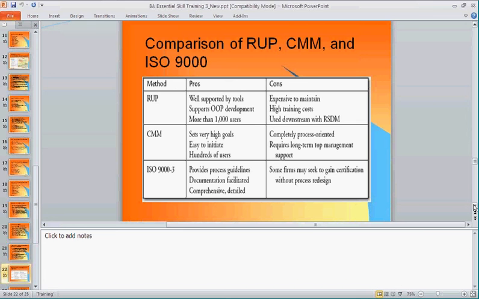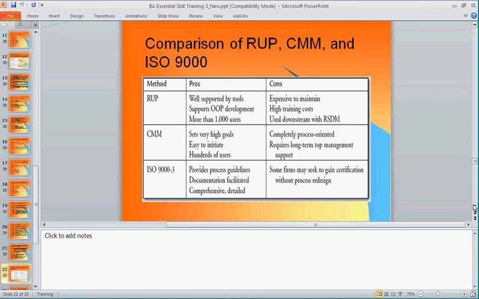Because if you are at a level 1 there, they are evaluating you whether you qualify for level 2. So the evaluation criteria changes every time you go for a reappraisal. Yes or no? ISO, do the evaluation criteria change? No, it is industry standard, right?